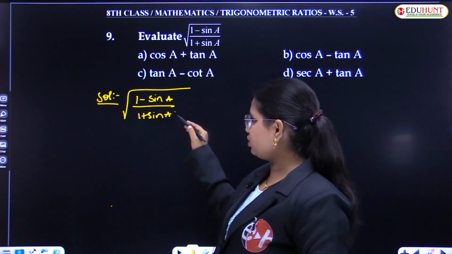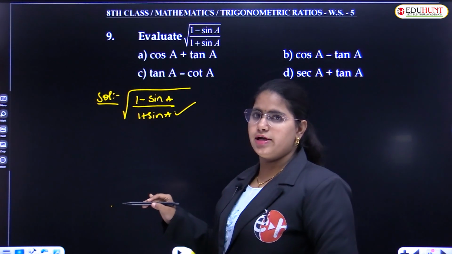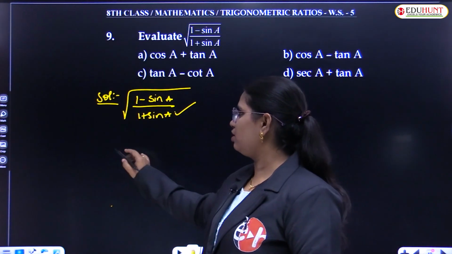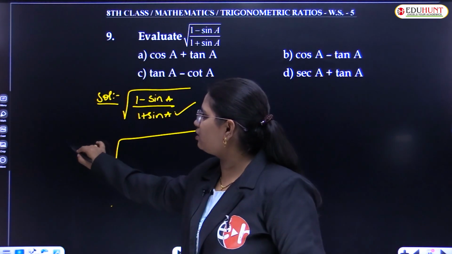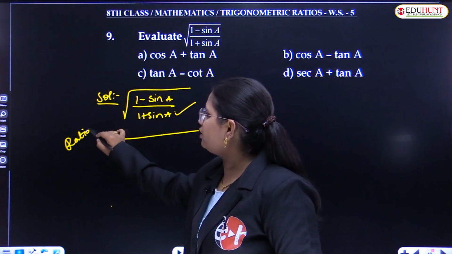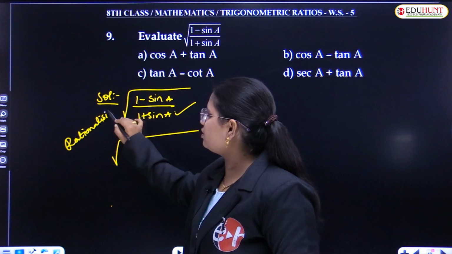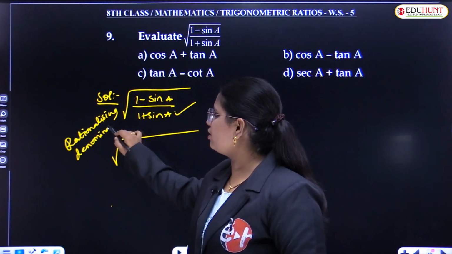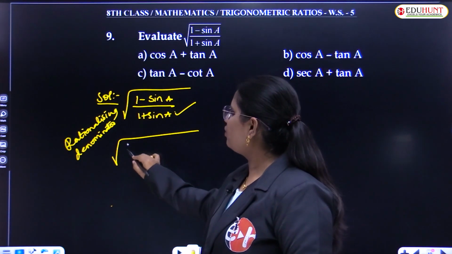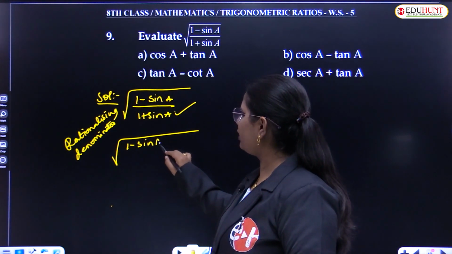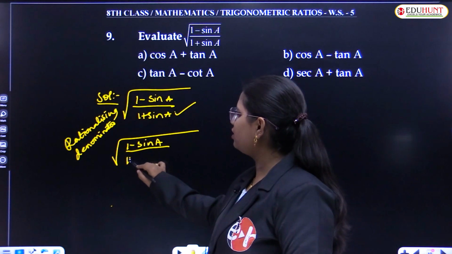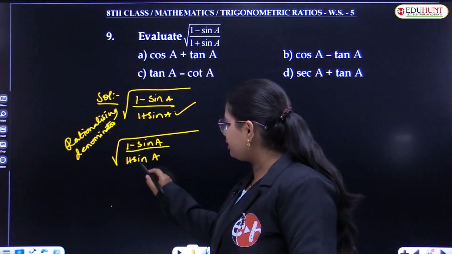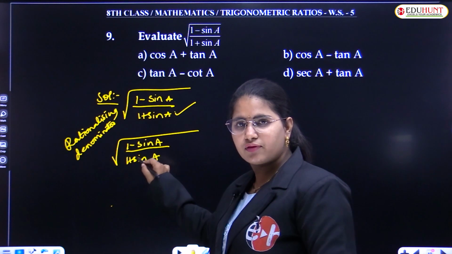Okay. So let's rationalize the denominator and I will explain how we are doing the rationalization process. Let's check. Rationalizing the denominator. So what am I going to do? 1 minus sin A, I will write the function as it is given, divided by 1 plus sin A. For the denominator, I need to change the sign of the denominator fraction.